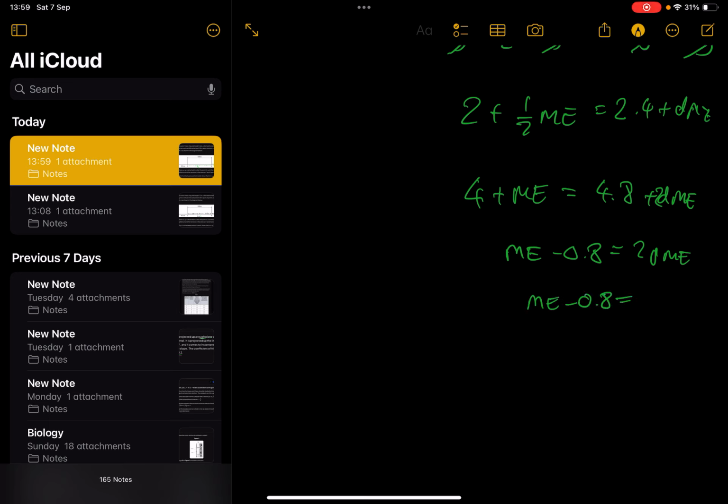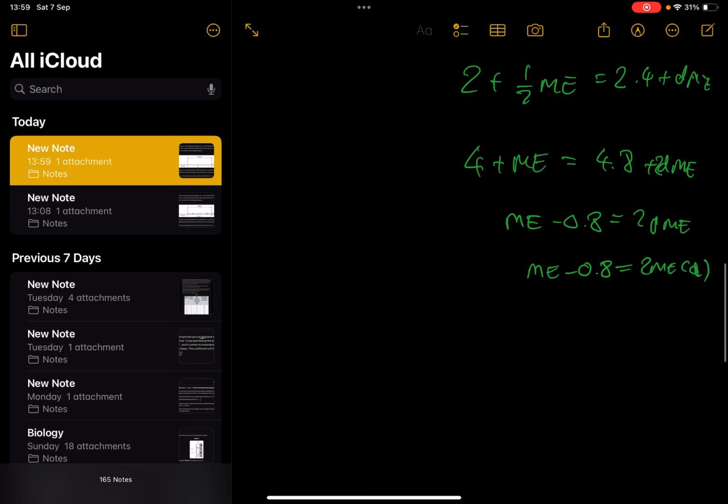We factorize 2m out to get d on its own. And we want to find d, because that gives us the distance of m. Divide by 2m equals d.